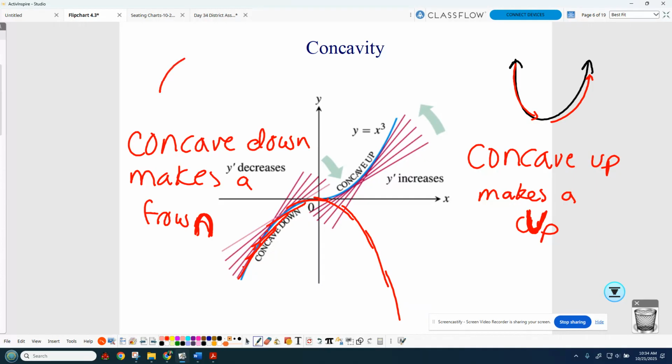If it's frowny face, it can be concave down but an increasing slope, and concave down and a decreasing slope. But if it's some part of the N of down or the U of up, it's going to be that concavity.